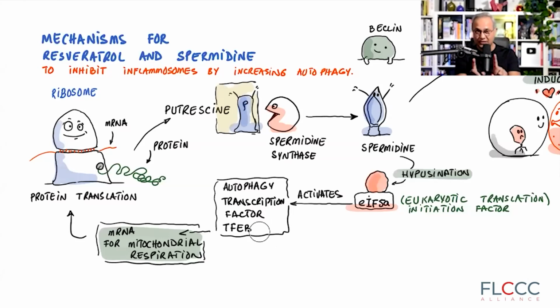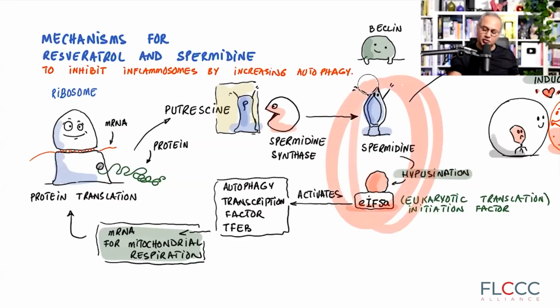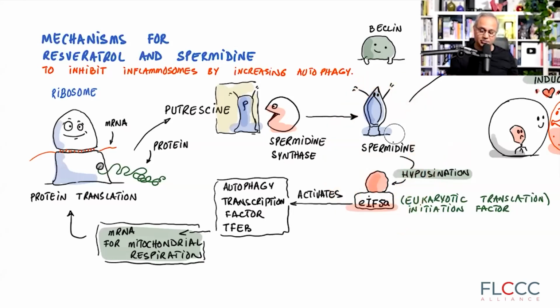So spermidine now has two functions: help with inducing the autophagy, which is a very healthy mechanism for a cell, plus help keep its mitochondria healthy as well. Spermidine is the only molecule that can do hypusination of this protein. It's a chemical function. This is the one unique function in our body that can happen only through spermidine. No one else can do this. And this is necessary for the correct energy production.